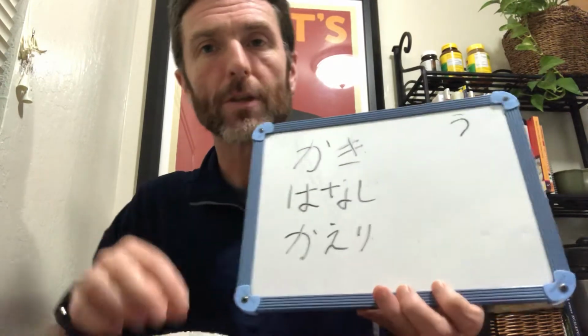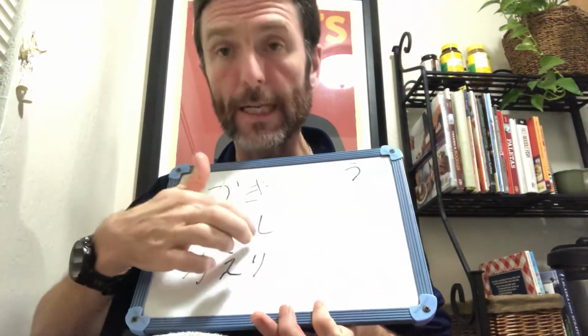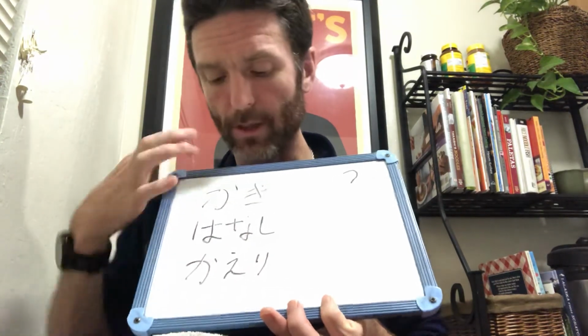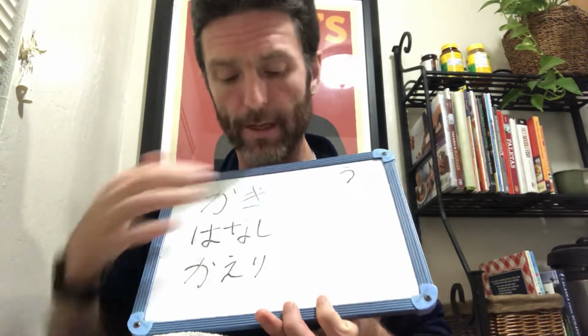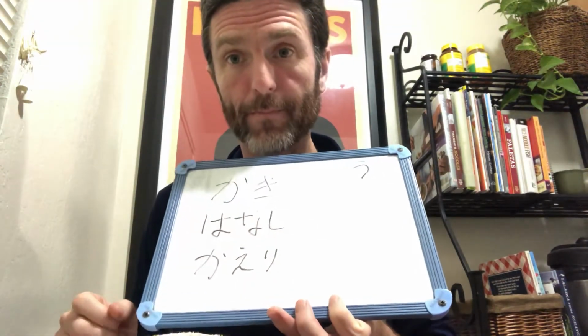So you will notice that every single one of them ends in an E sound, which is one of our clues that it's a u verb, right? When you get rid of mas, the verb stem is always going to end in an E sound.